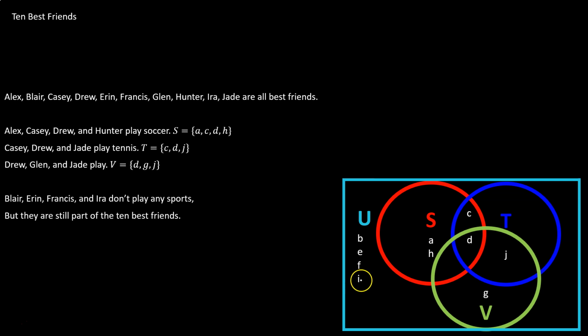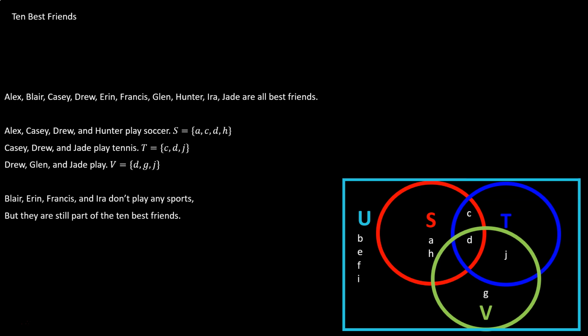They are part of the group of 10 best friends, but they don't belong to any one of these three sports circles. Now, I said they don't play sports. Maybe they do play sports, but the sports aren't soccer, tennis, or volleyball. Maybe somebody plays baseball, maybe somebody does track and field, who knows?